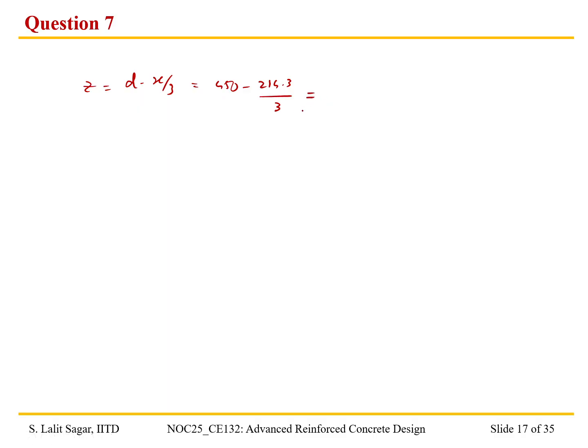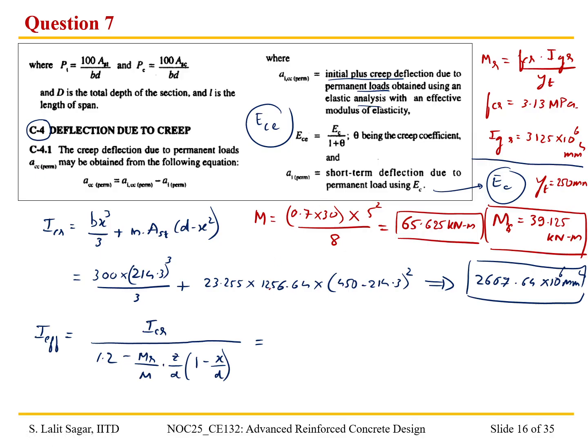So that is how much? 378.57 mm. We have the value of Z also now figured out. Yeah, I think that's it. We can start plugging all the values and obtain the correct answer, right?